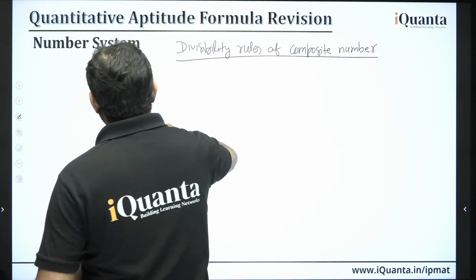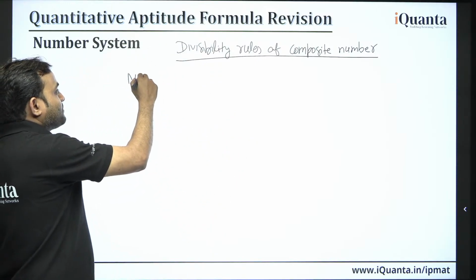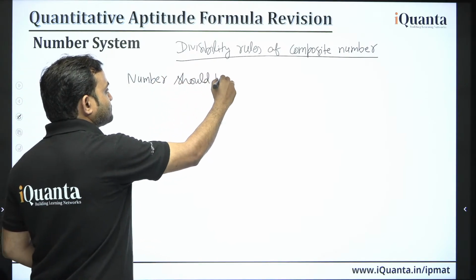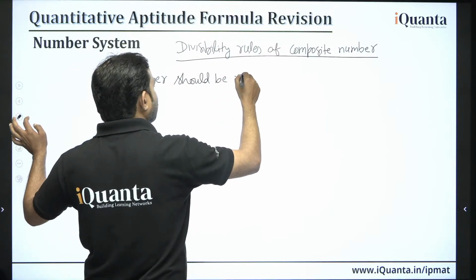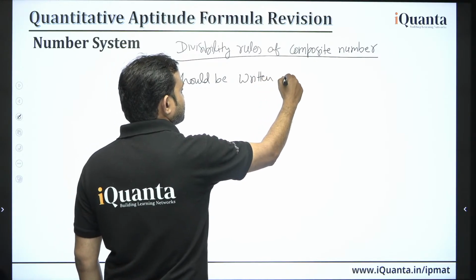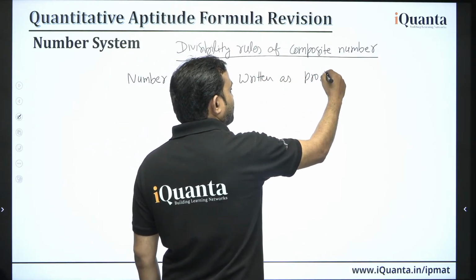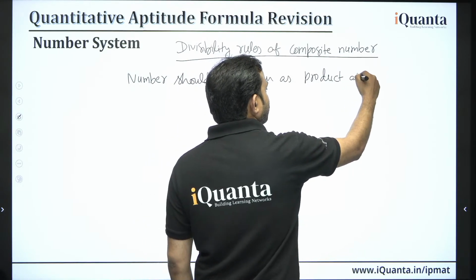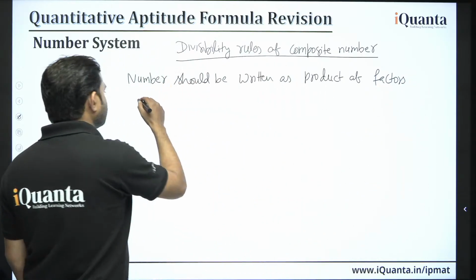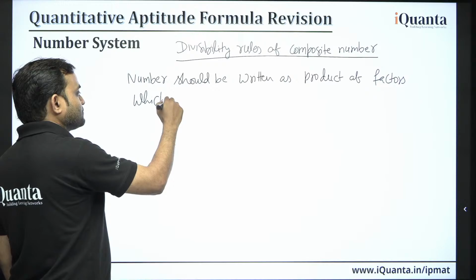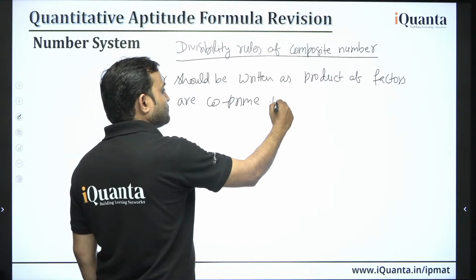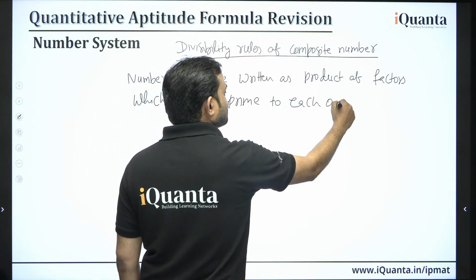Now in this case, whatever number is given, the number should be written as a product of factors which are co-prime to each other.